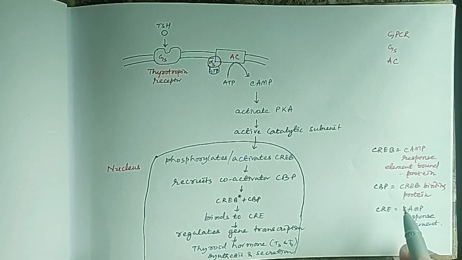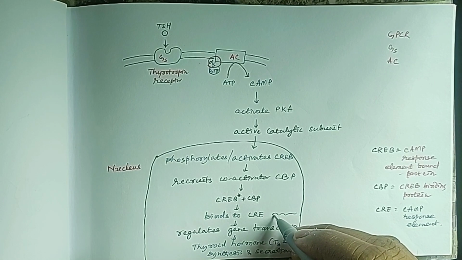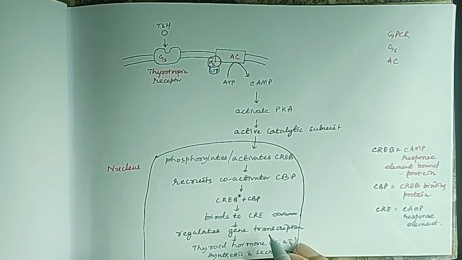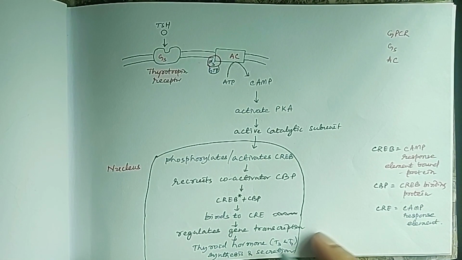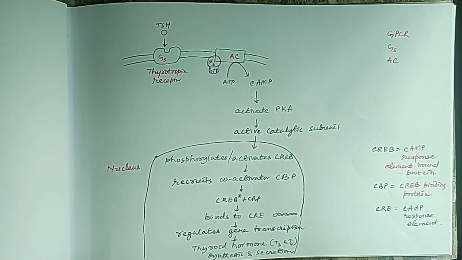The CREB and CBP complex will bind to the cyclic AMP response elements present in the DNA, and that will cause gene transcription. Because of gene transcription, there will be synthesis and secretion of the thyroid hormones T3 and T4.